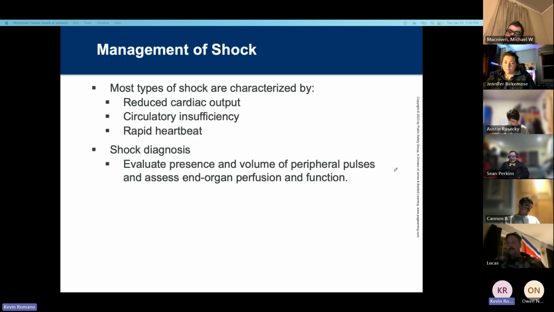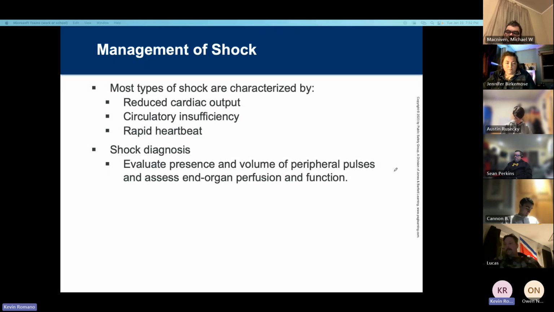Most types of shock are characterized by reduced cardiac output, circulatory insufficiency, or a rapid heartbeat. To determine the presence or absence of shock, evaluate the presence and volume of peripheral pulses and assess end organ perfusion and function.